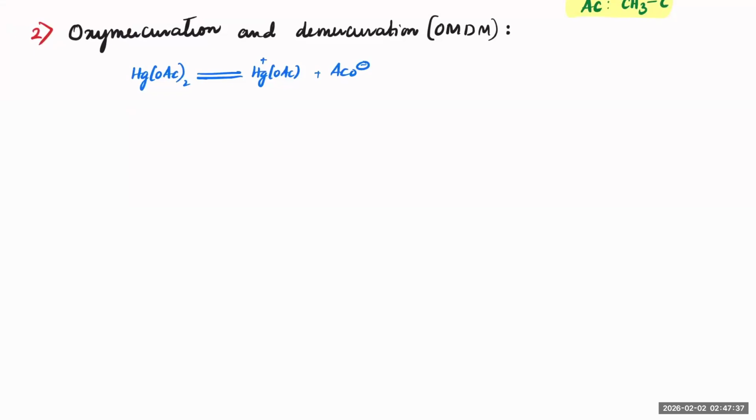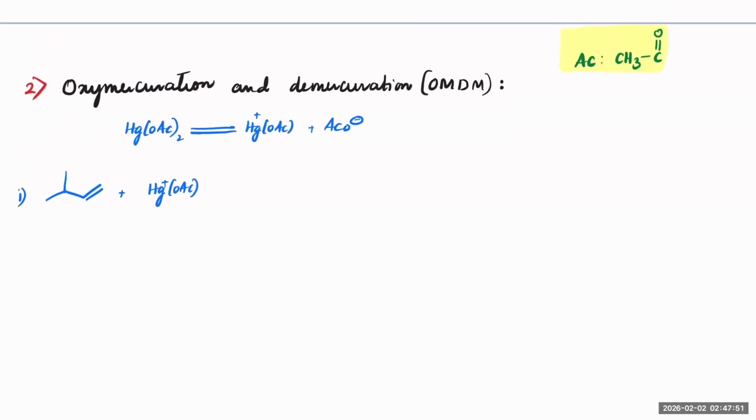Correct? And then the first step would be the pi bond which is there will try to attack on Hg plus OAc which is present in the solution. OAc means what? Ac means acetate, CH3C double bond O is Ac.